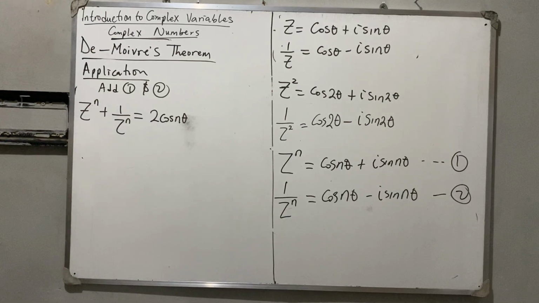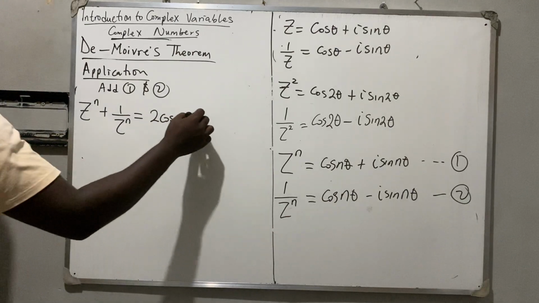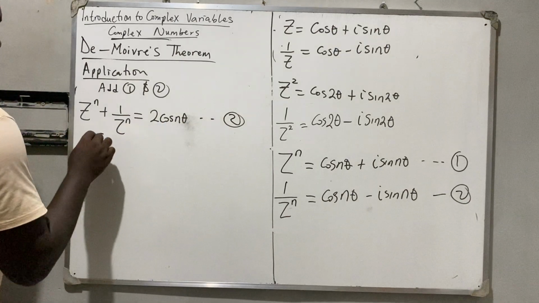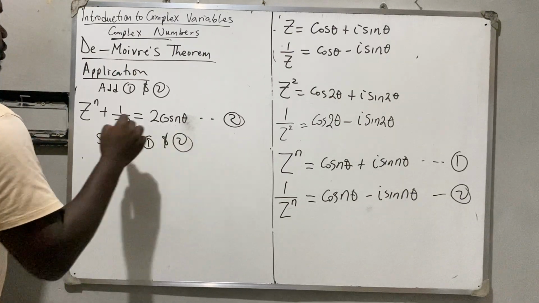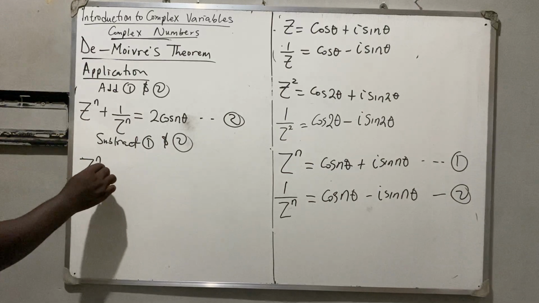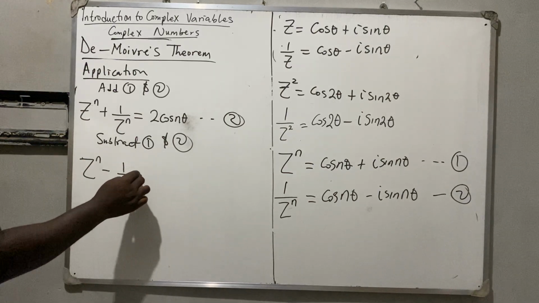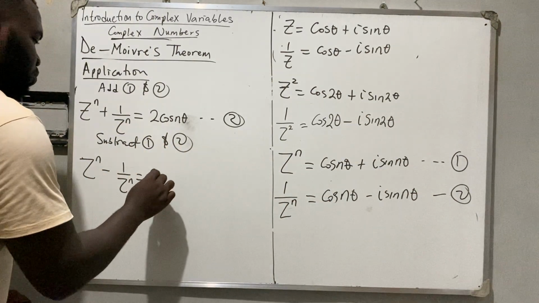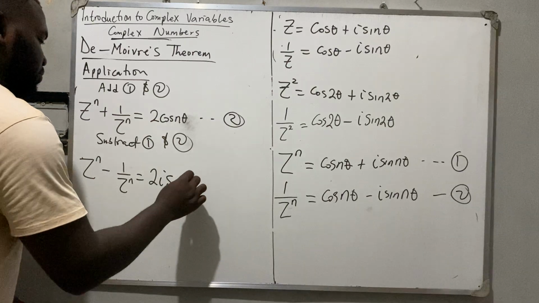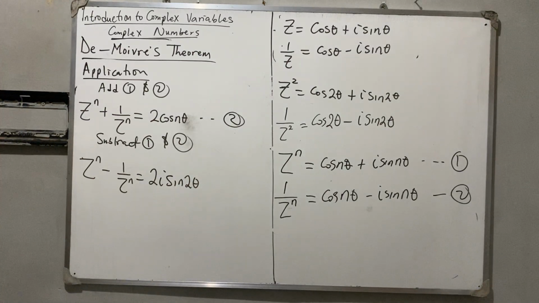Okay? Now, let's call this equation 3. If we now subtract 1 and 2, I'll have Z raised to power n minus 1 over Z raised to power n. This and this is gone. This minus this will give you 2I sine n theta. Okay, easy.